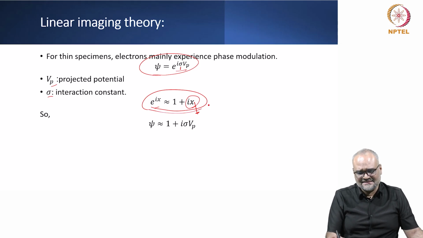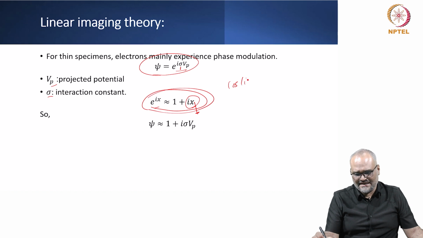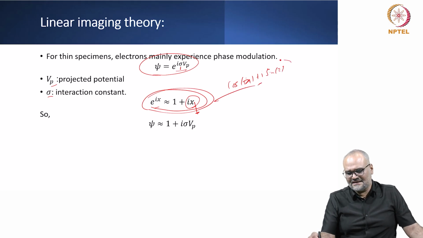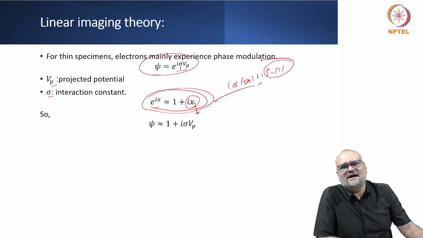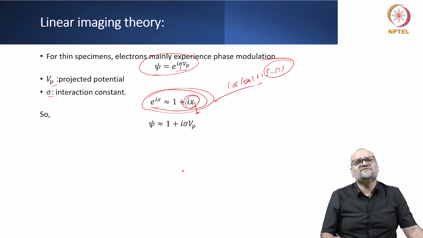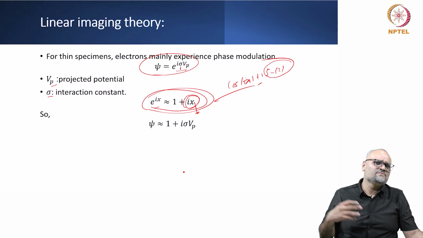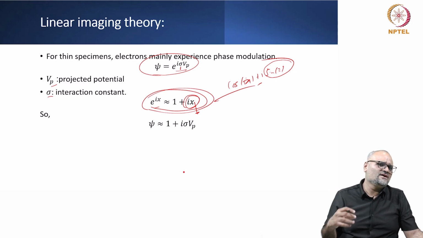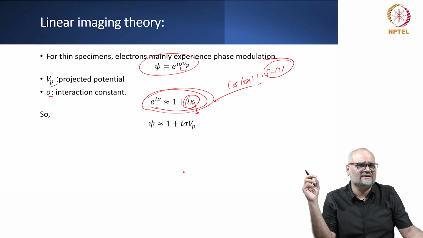So if I write this as cos x plus i sin x, the imaginary part, which is the sinusoidal form of this particular function, gives me the information on the phase modulation, and this was actually called the contrast transfer function, or specifically the phase contrast transfer function.